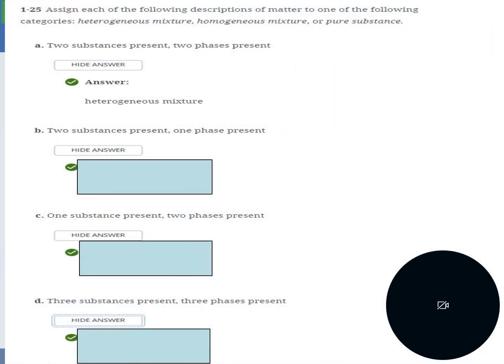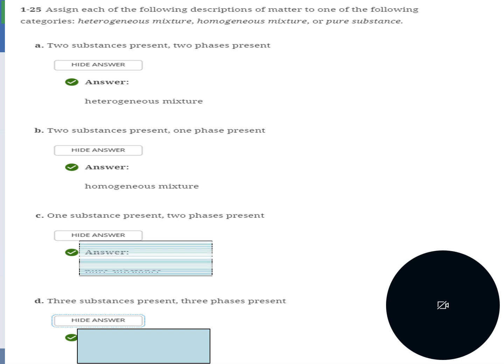Another learning check for us. For 1-25, we're going to assign each of the following descriptions of matter to one of the following categories: a heterogeneous mixture, homogeneous mixture, or a pure substance. So when you look at A, two substances present, two phases, that's kind of the definition of a heterogeneous mixture. Part B, two substances present, only one phase.